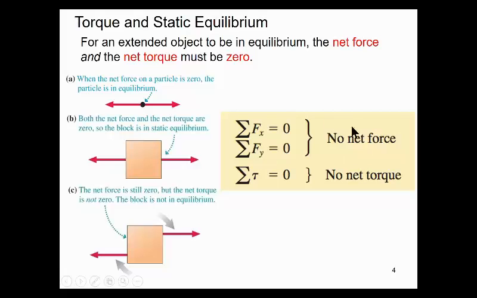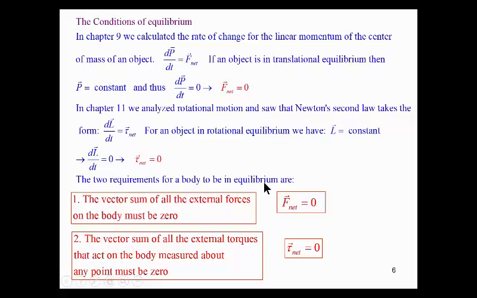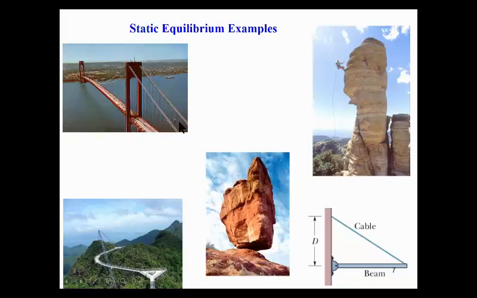In addition to these rules, now I'm going to show you some examples. All these pictures are examples of static equilibrium. These objects are not moving, so no translational motion and no rotational motion.